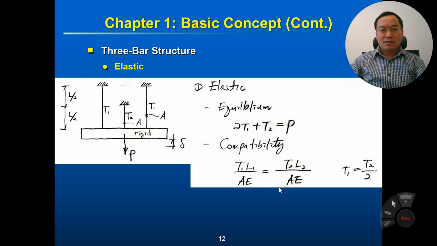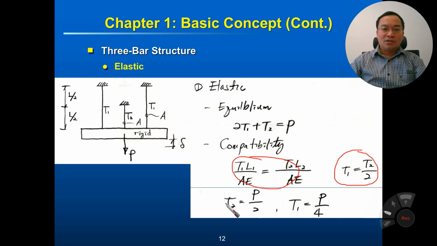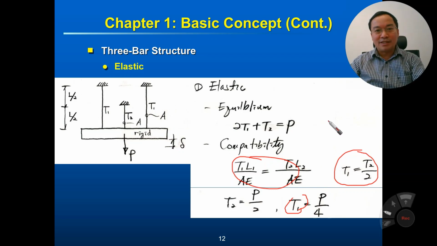So from this we have T1 equal to T2 divided by 2, and T2 equal to P over 2. Remember, T2 equals P over 2, or P equals 2 times T2, or P equals 4 times T1, due to this equilibrium and compatibility.